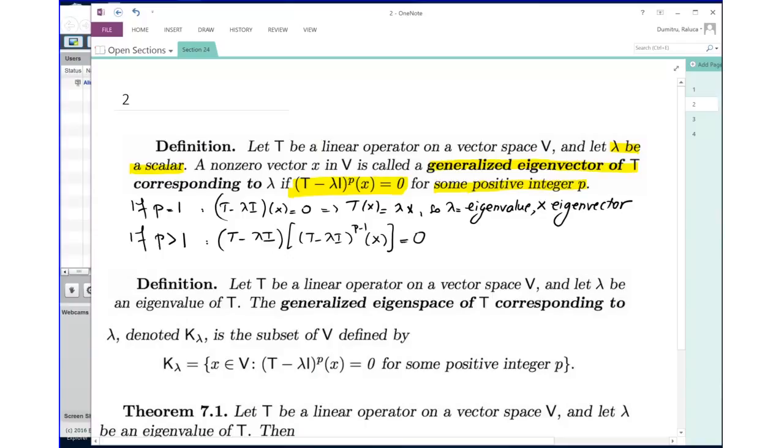I pull one of those (T minus lambda identity) out, and that gives me (T minus lambda identity) of (T minus lambda identity) to the power p minus 1 of x equals 0, right? So if I call this vector y, then T of y is lambda y. So lambda is again an eigenvalue.